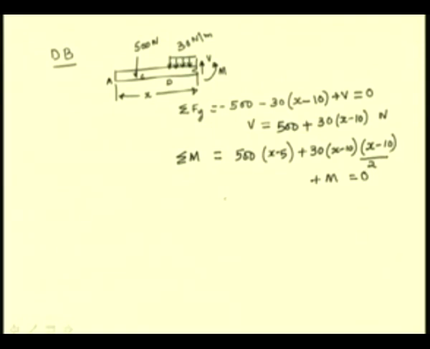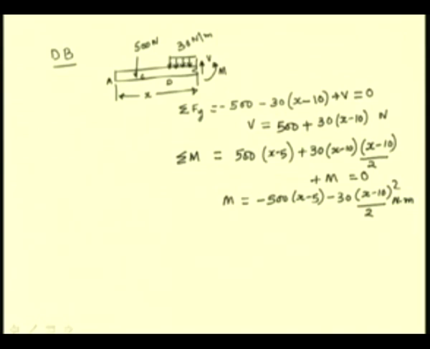So, from this we have M as minus 500 into x minus 5 minus 30 into x minus 10 square by 2 Newton meter.